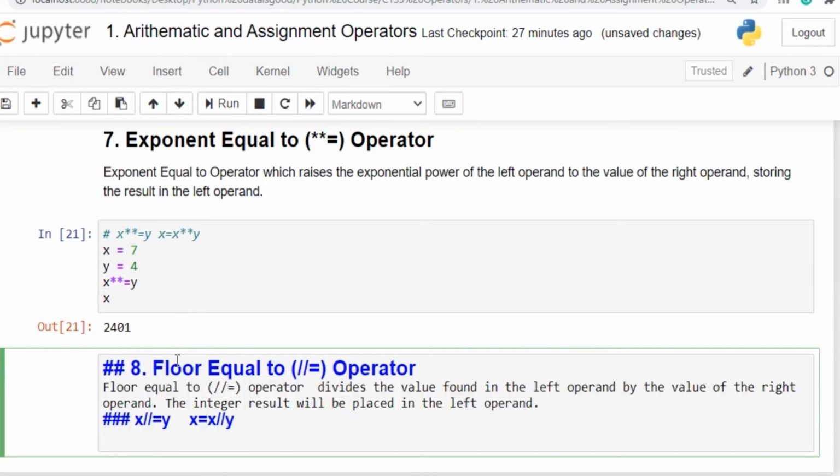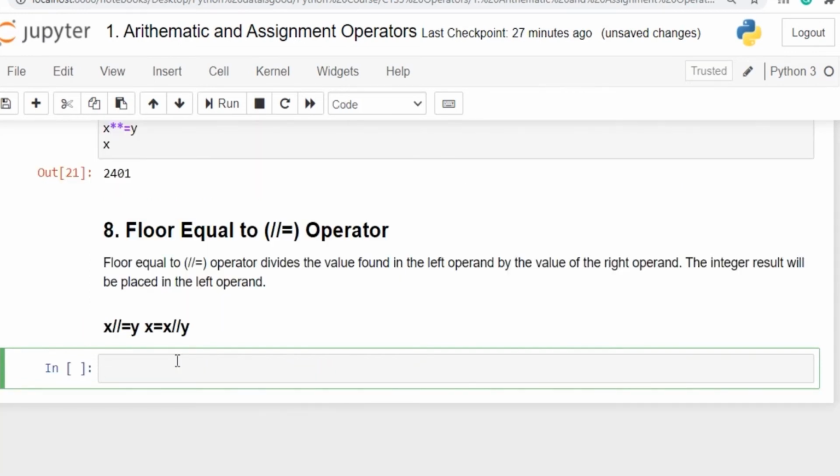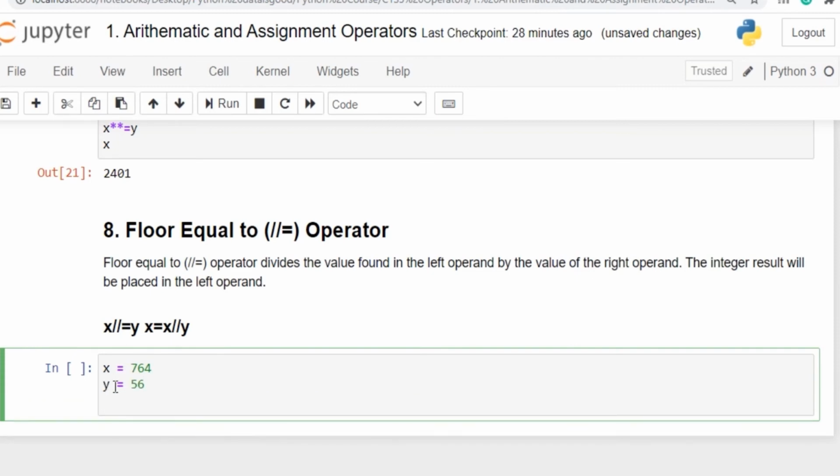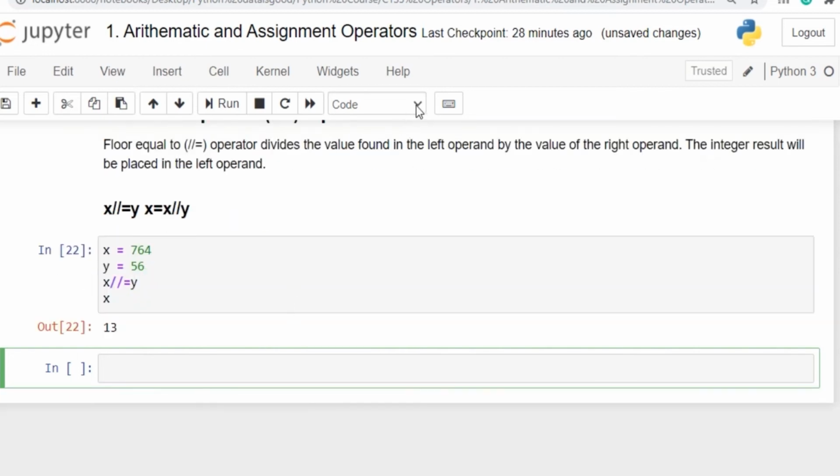Next we have the floor equal to operator, which divides the value found in the left operand by the value of the right operand. The integer result will be placed in the left operand. For example, x floor equal to y means x equals x floor division by y. So, if we have x equals 764 and y equals 56, then x floor equal to y would be 764 divided by 56, which is equal to 13.